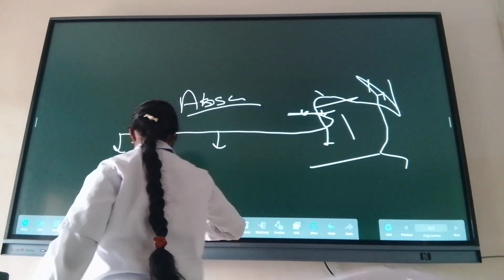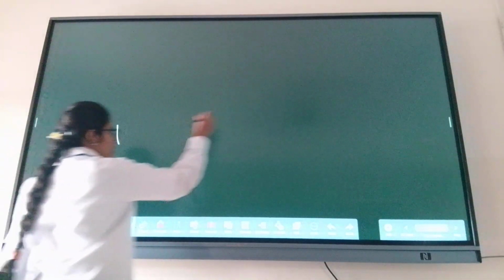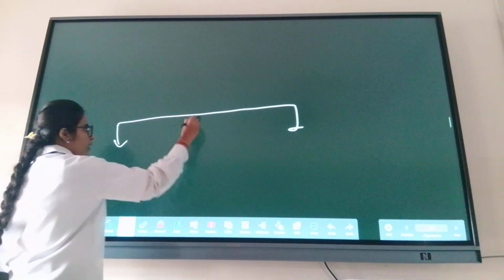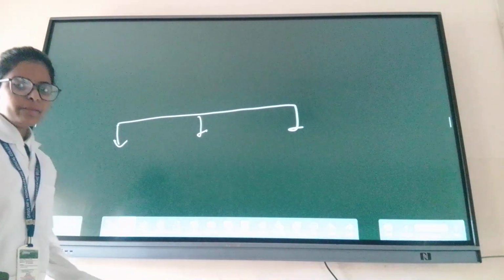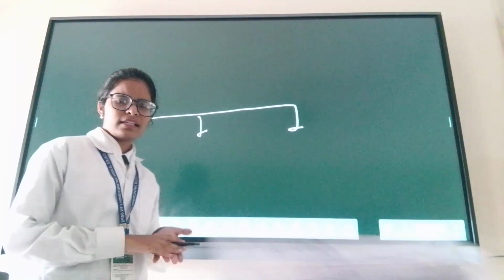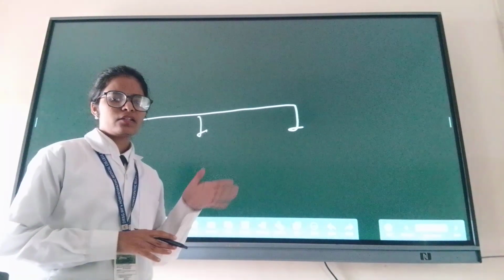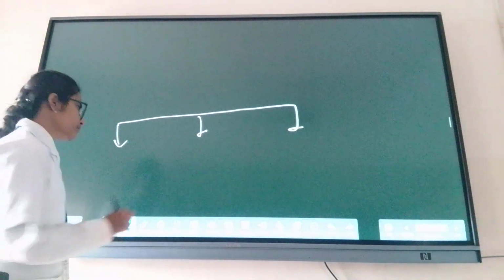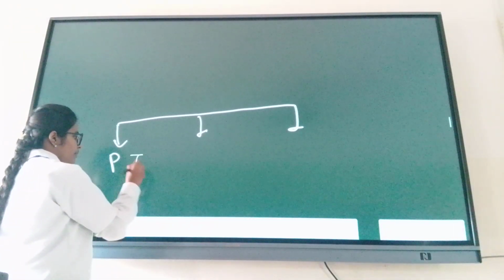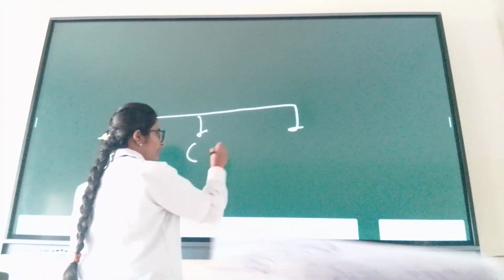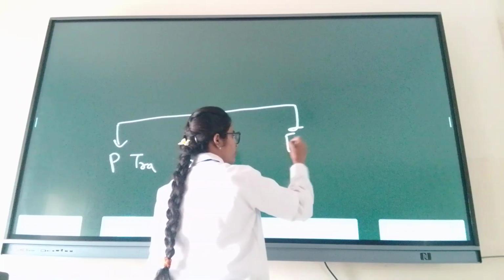So these are the basic transport mechanisms. We have to study broadly. We have studied it in 11th and 12th standard or 10th standard. There is passive transport, carrier mediated transport, and endocytosis.